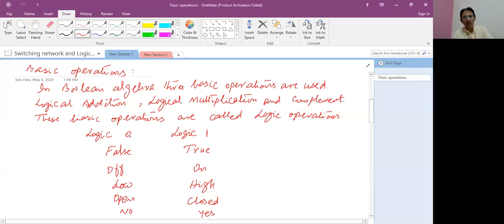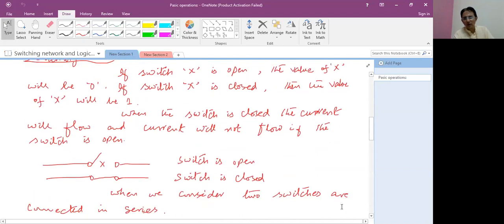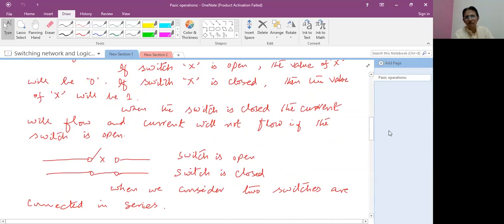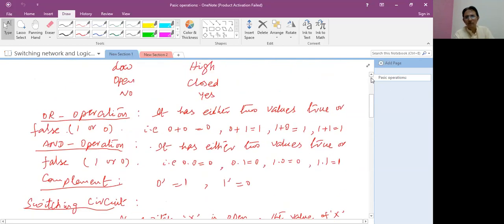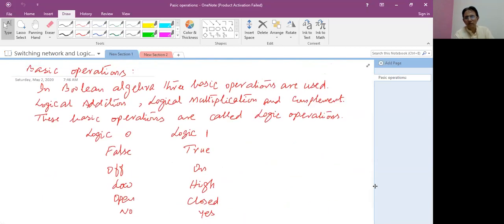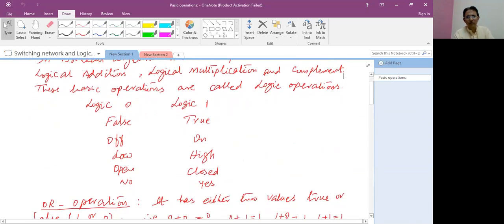When we consider logic 0 in terms of a switch network, there are some words we will use in this way: false, off, low, open, no. When we consider logic 1 in a switching network, there are some words we will use in this way: it is true, on, high, closed, yes.